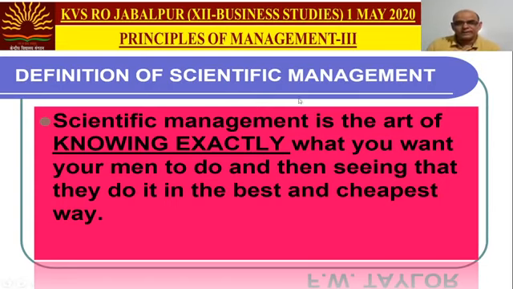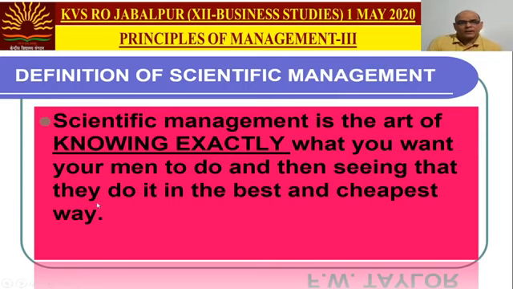So let us read the definition once again. Scientific management is the art of knowing exactly. His focus was on knowing exactly. For this purpose, he conducted many studies known as work study. We will discuss them in the techniques of scientific management later in this video.